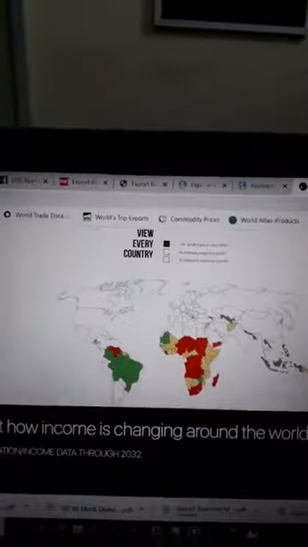Let me see if I can get the countries in extreme poverty. You see those countries in red?